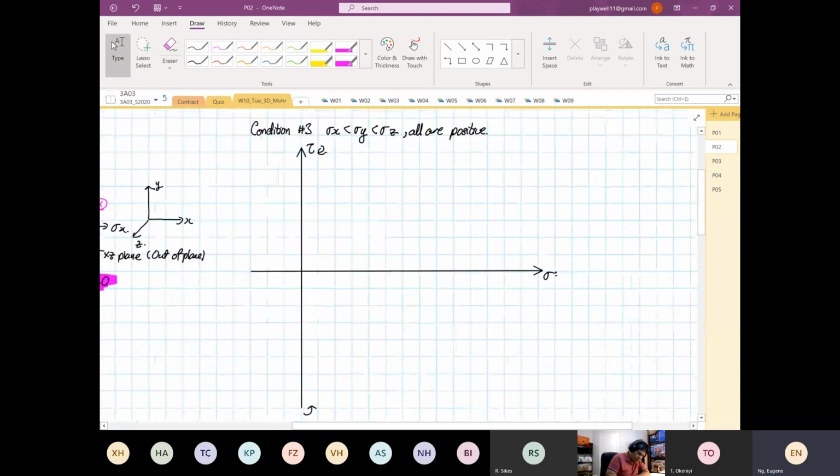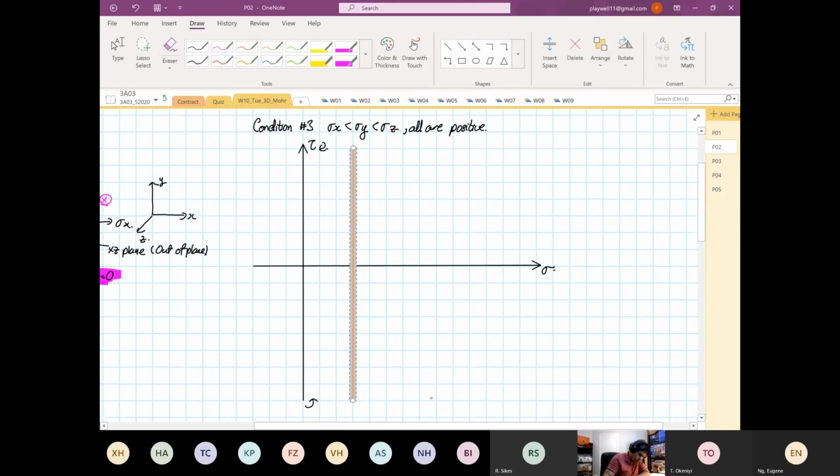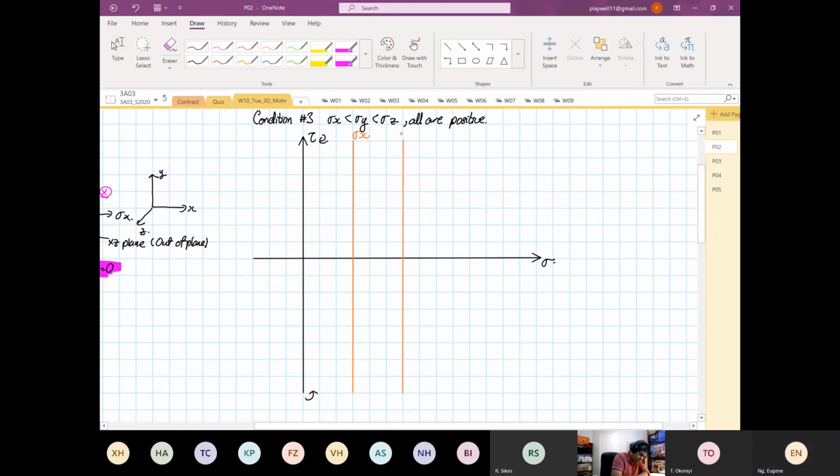So this is your stress X line. So this is our stress X. Stress Y. And you can see from here what's going to happen already, right? And this is our stress Z.